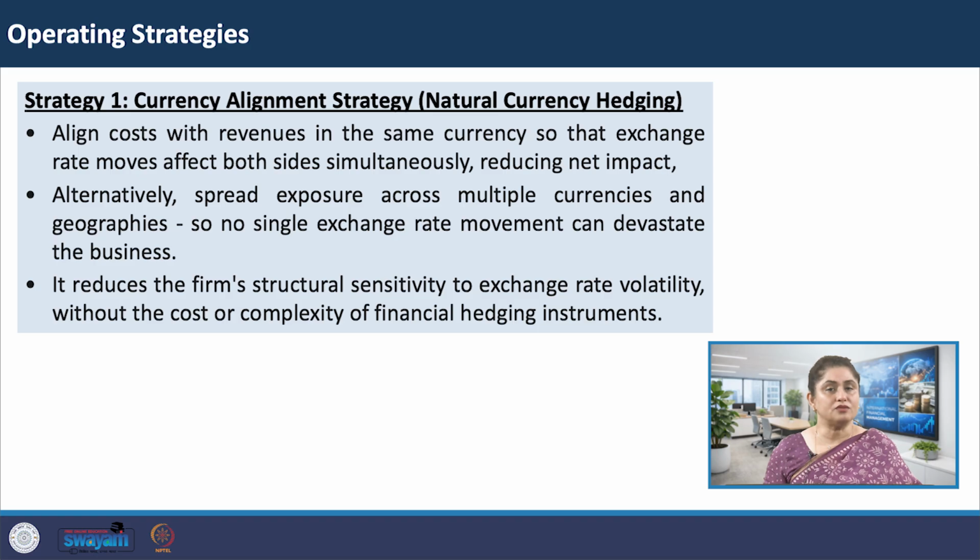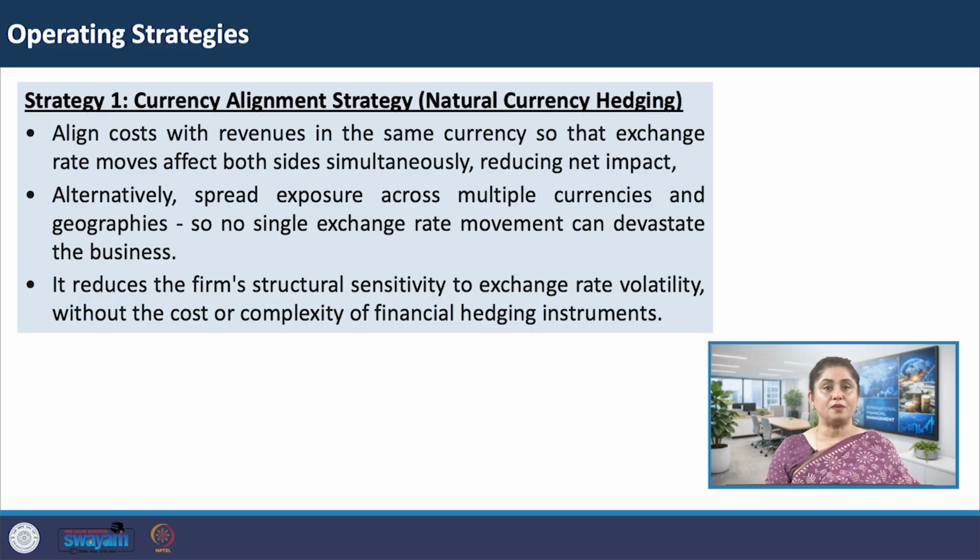Now let's talk about the natural currency hedge through the currency alignment strategy. First, align your cost with your revenue in the same currency, so that when the exchange rate moves, both sides of your profit and loss are affected simultaneously and the net impact is reduced.